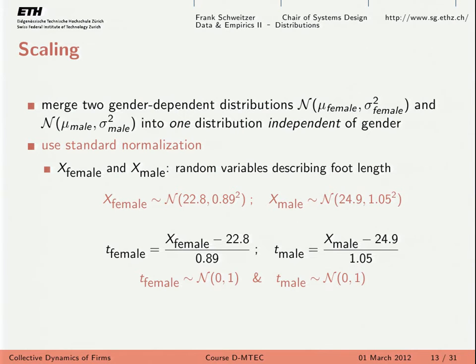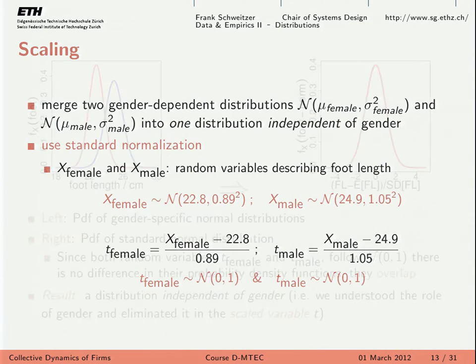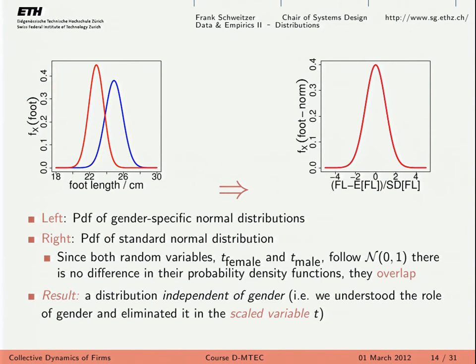Because I have normalized this. And the result of this is shown here. Instead of having this picture, where I have these 2 distributions, I only have one picture with one distribution.